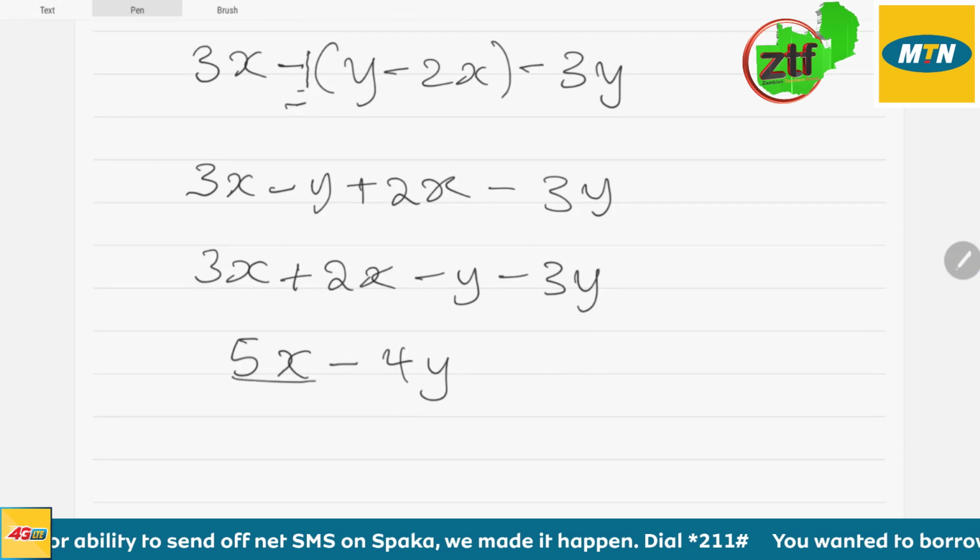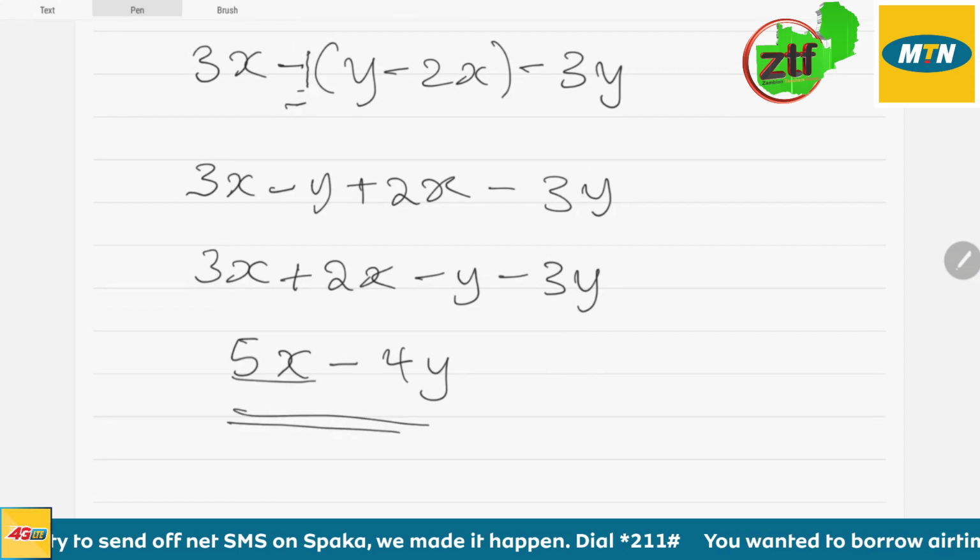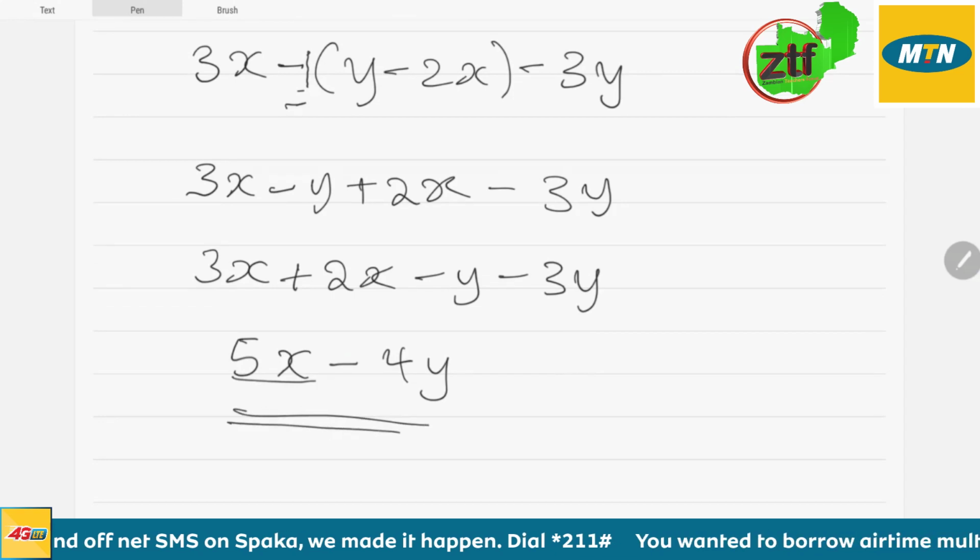So this is our final answer, 5x minus 4y. 5x cannot be added to or subtracted from 4y because these are unlike terms. So that is what you are expected to do in the exam when you're given such a question.